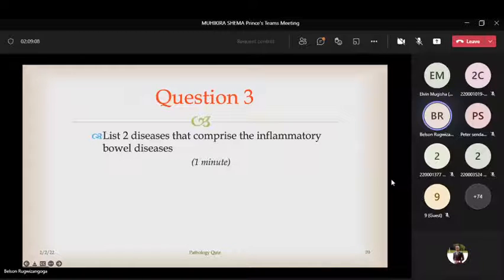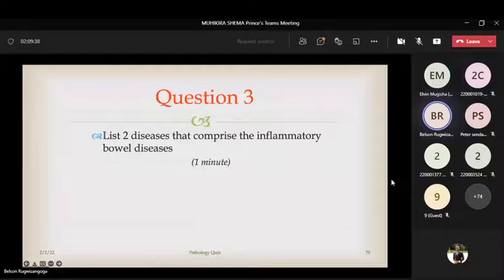Okay, so I can see if someone has typed. Okay, Elvin Mugisha has replied: Crohn's disease and ulcerative colitis, right? So someone asked, can chronic peptic ulcer be the risk factor of gastric cancer?